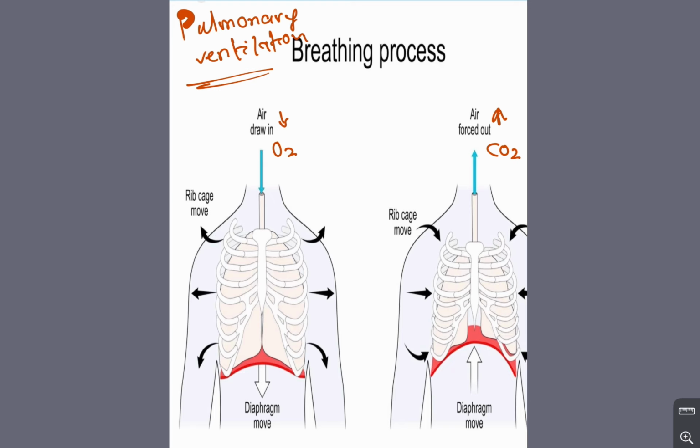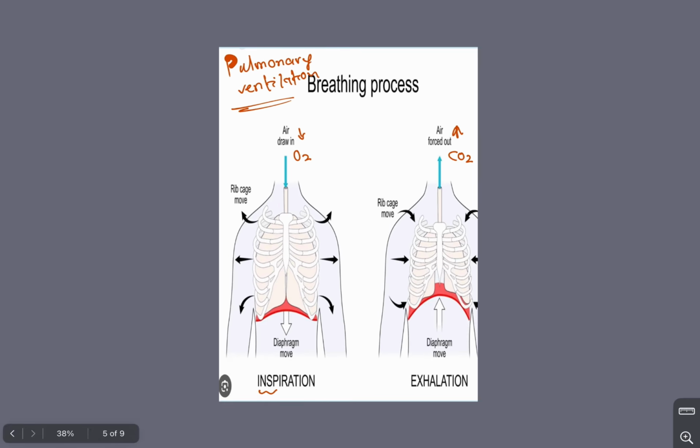So basically the breathing process is further divided into two phases. Breathing in, which is called inspiration or inhalation, and exhalation, which is the breathing out of the air, exhalation or exhaling, inhaling and exhaling.